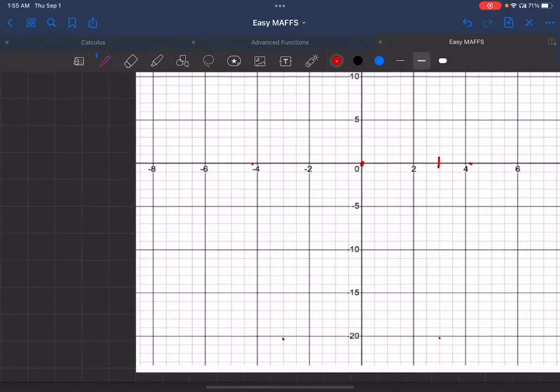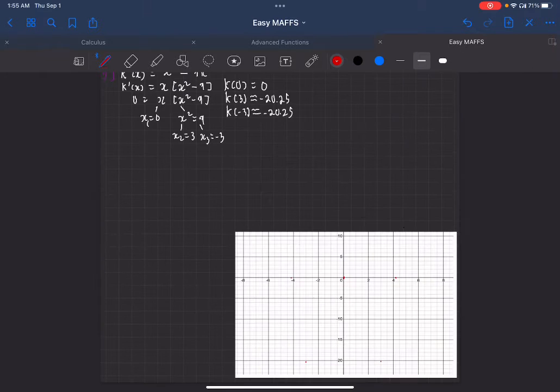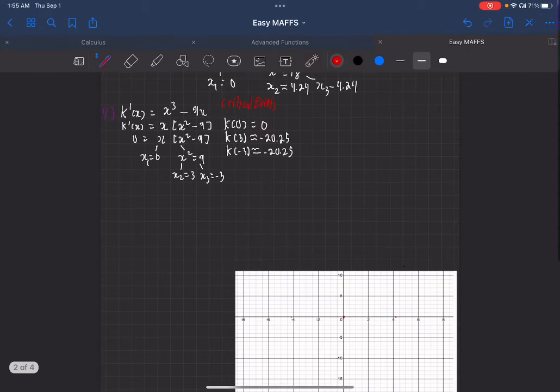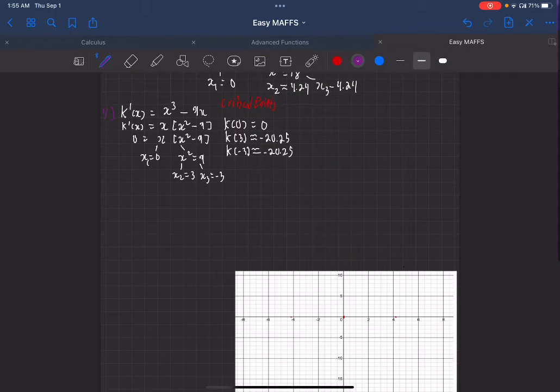So we have our critical points and our x-intercepts out of the way. What is next? Well, our second last step would be our points of inflection. That is where our function will switch from concave down to concave up, or concave up to concave down, right?